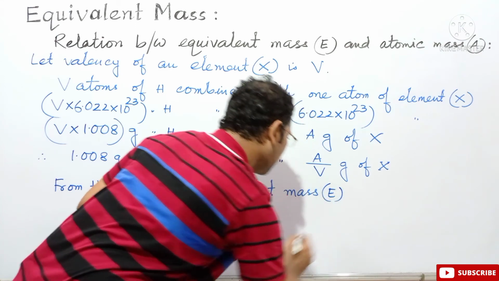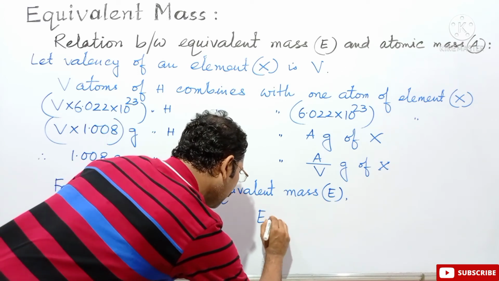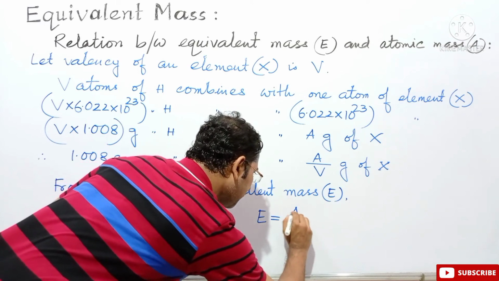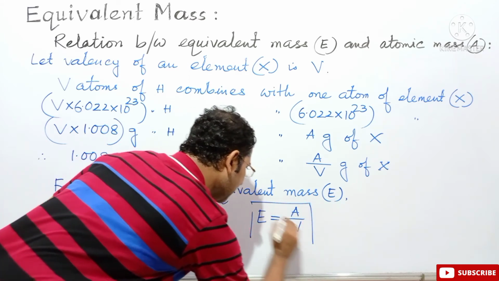Equivalent mass is represented by E, so we can write E equal to A by V. That is, equivalent mass equal to atomic mass divided by valency.